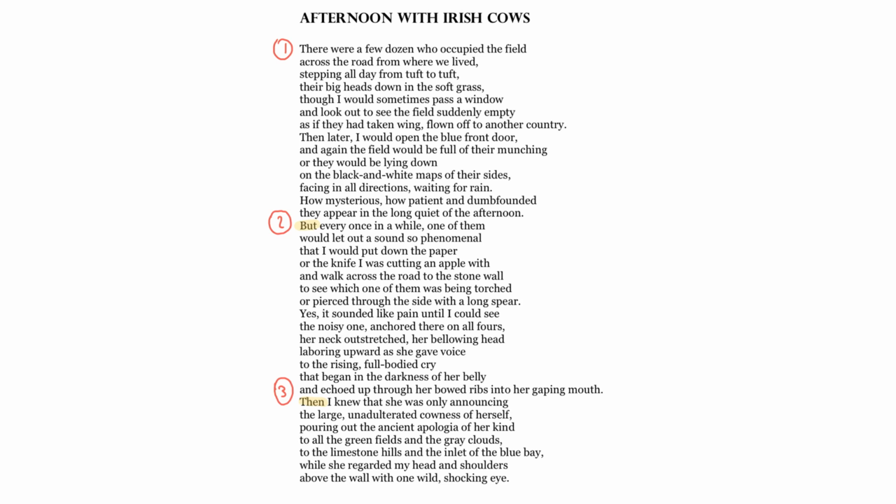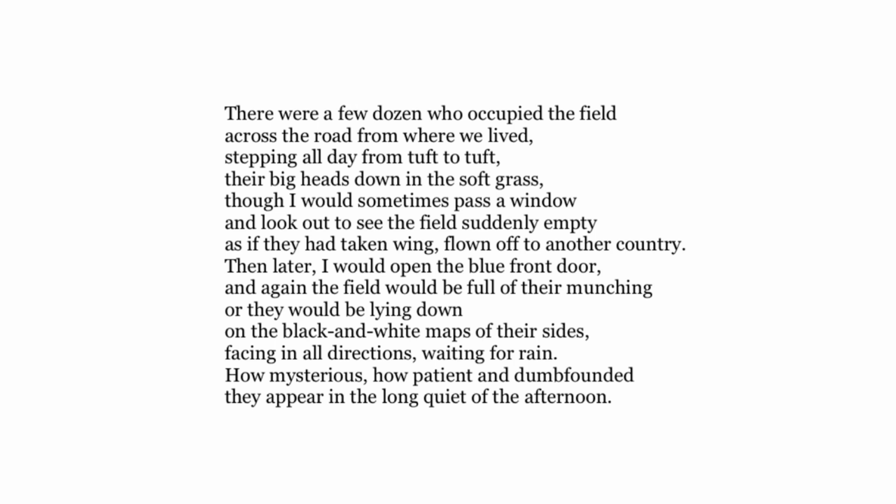To make it a bit easier to follow through the structure of the poem, let's just take these sections one at a time. So the first one, "there were a few dozen who occupied the field across the road from where we lived, stepping all day from tuft to tuft, their big heads down in the soft grass, though I would sometimes pass a window and look out to see the field suddenly empty, as if they had taken wing, flown off to another country."